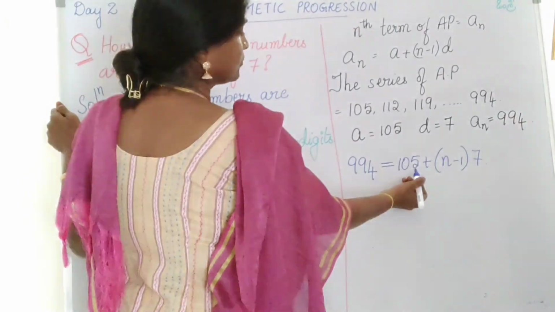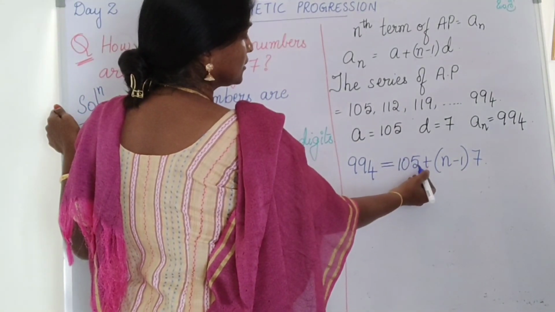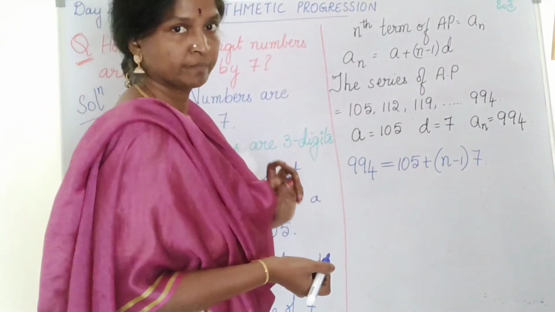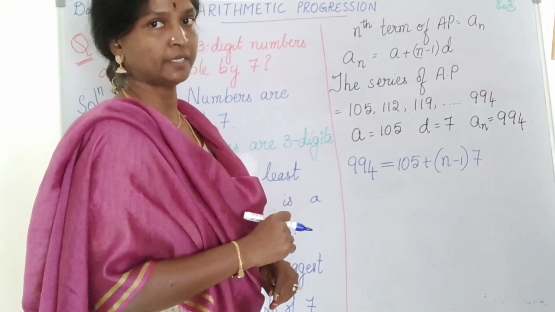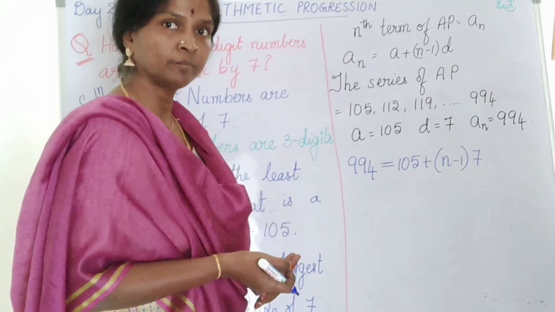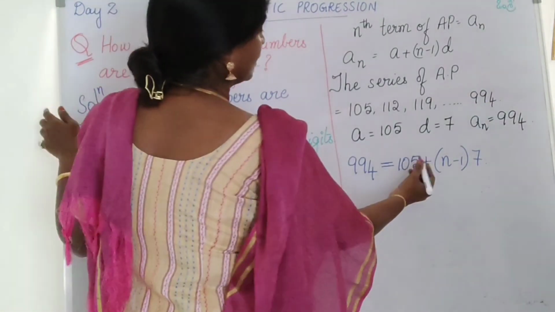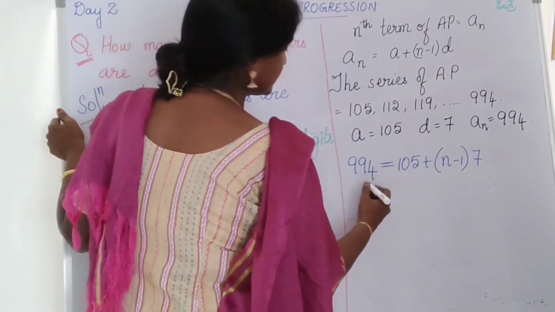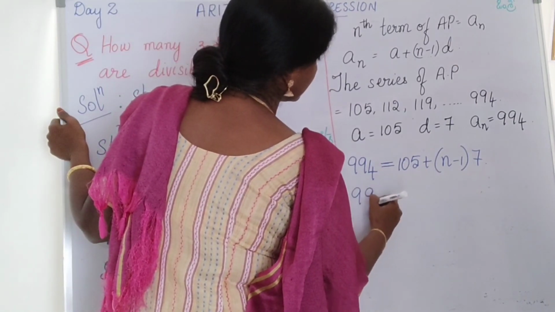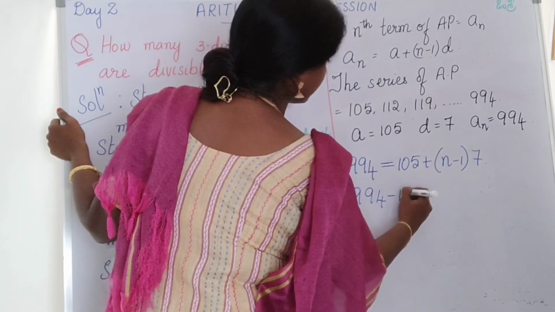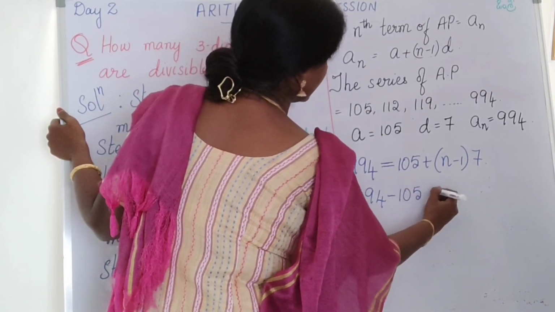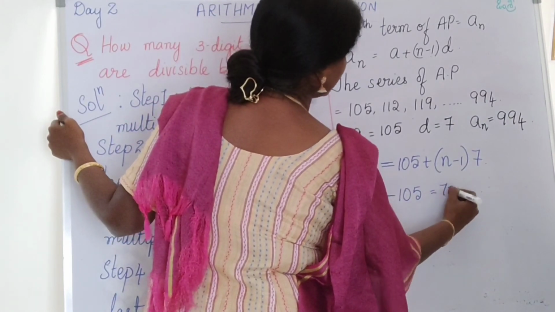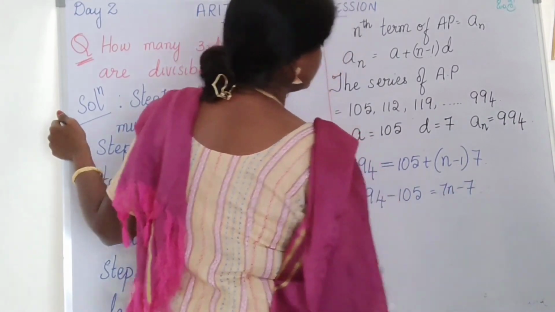And when you are transposing a number from RHS to LHS or LHS to RHS, the plus sign will become minus and the minus will become plus. So here 105, when it is transposed from RHS to LHS, becomes minus 105, which is again equal to 7 into n, 7n minus 7.